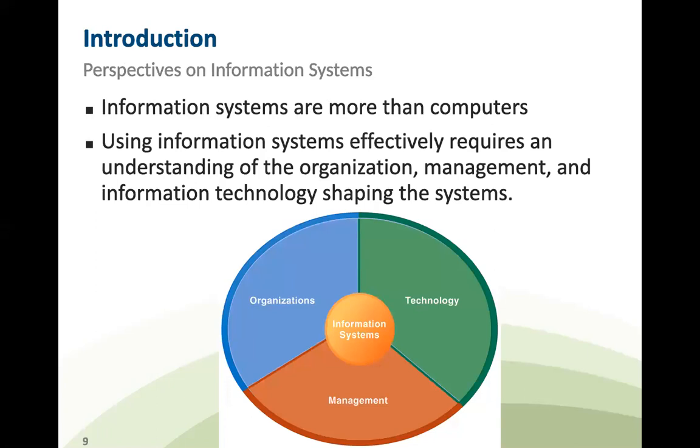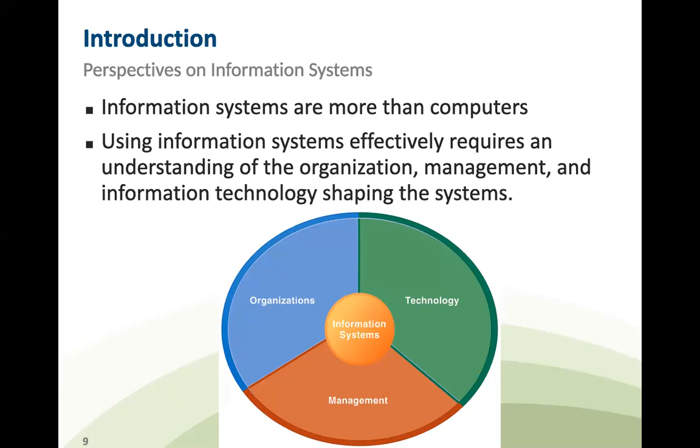So we'll go through the official introduction. Perspectives on information systems: information systems are more than computers. As soon as we talk about information systems, what comes to our mind is just computers. But it's not just computers, although computers are also related. Using information systems effectively requires an understanding of the organization, management, and information technology shaping the system.